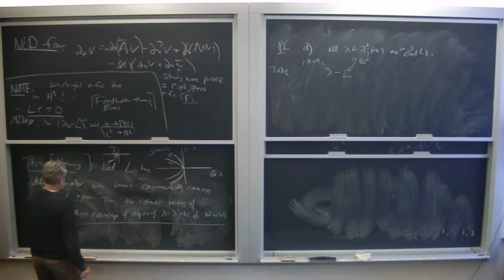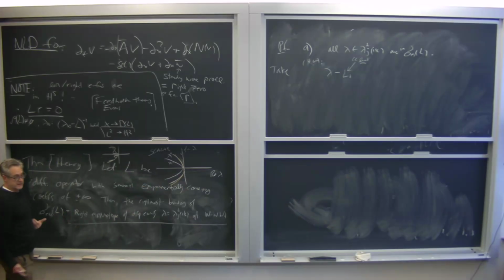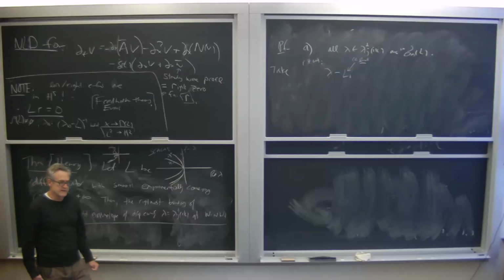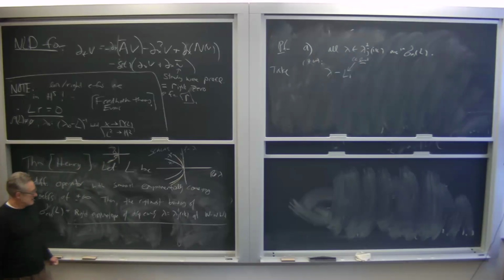But now I'm relating the essential spectrum of that complicated operator to the essential spectra of the limiting constant coefficient operators. So yeah, it's exact. It's exactly that. That's exactly the exponentially convergent coefficients.